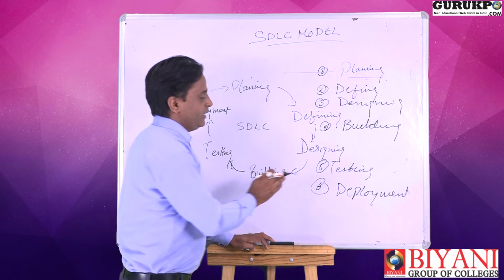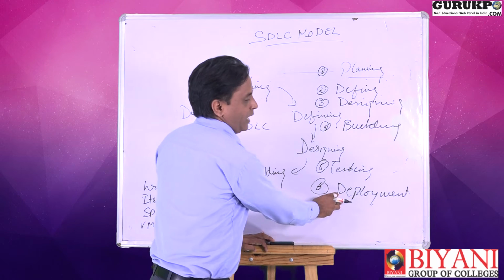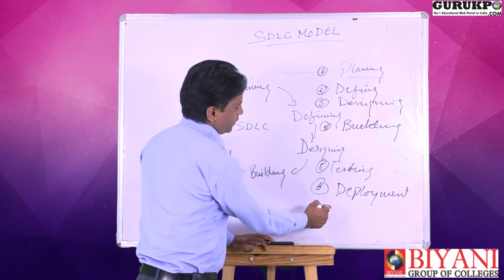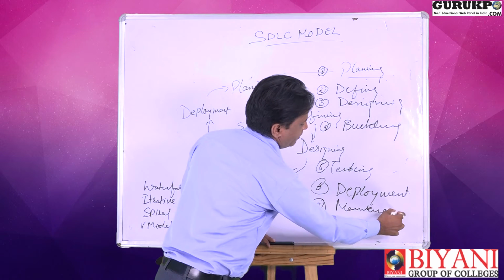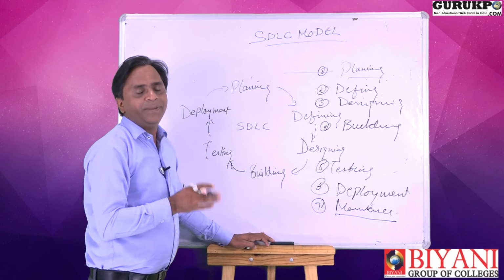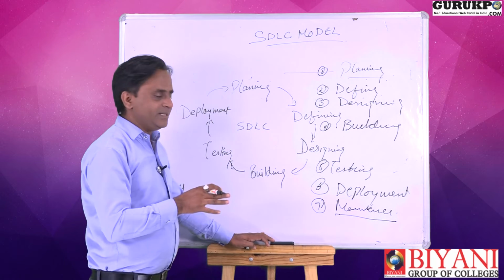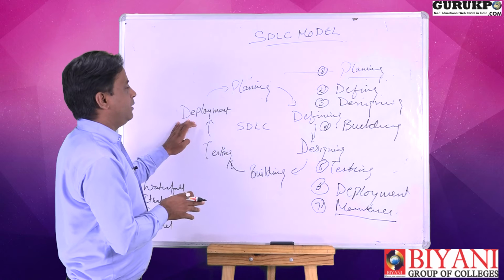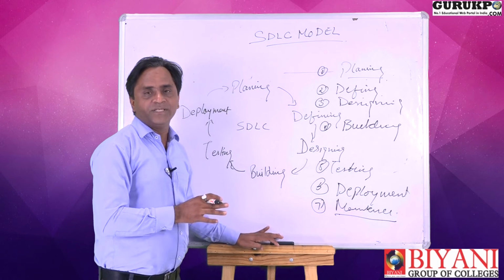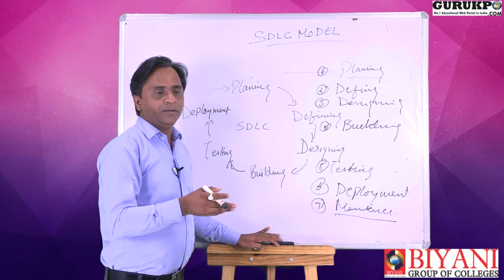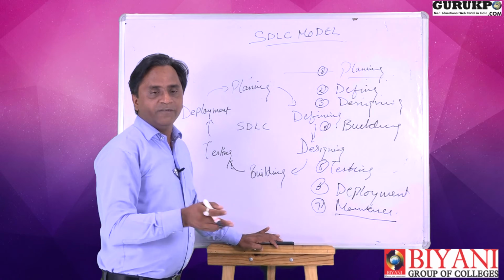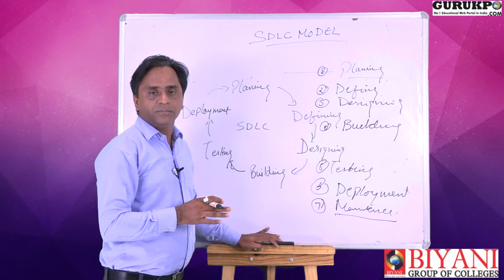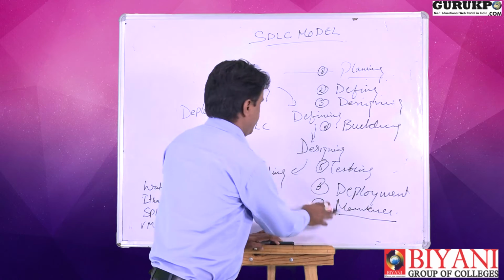That is deployment. And after deployment, we have one more thing, maintenance. Maintenance is the part of updation. If in the coming period the software requires updation, the developer does this updation.